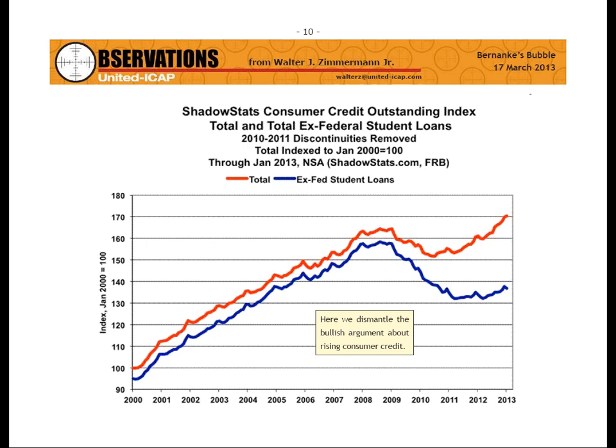Here we look at the whole issue of, well, wait a minute, consumer credit has broken out to new highs. Isn't that bullish? Well, the total consumer credit is in red here, and if this is total consumer credit taking out student loans.